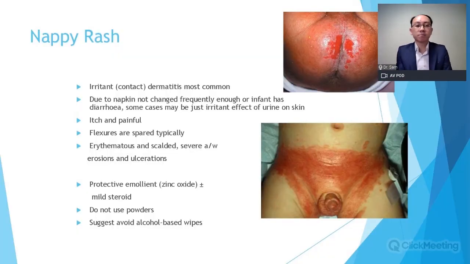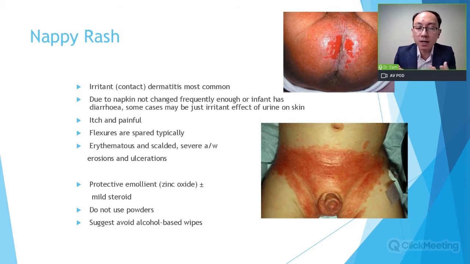So next, we'll go to nappy rash, because this is very common, especially in children less than 2 years old. You'll see parents bring this type of baby to you, complaining of redness over the perianal region or nappy region. This is mainly due to the napkin not being changed frequently enough, and infants having diarrhea or loose stool. This will definitely cause nappy rash.